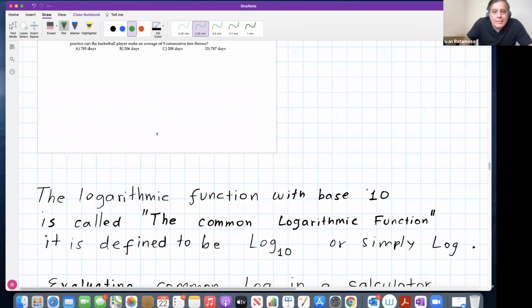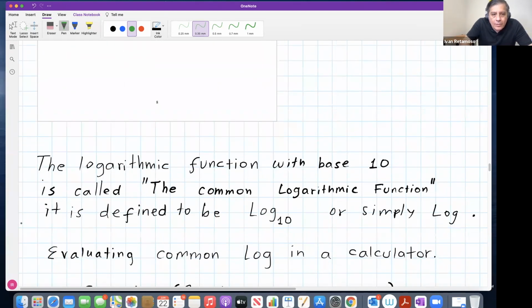The base is 10. This is defined to be log base 10, or simply log. Mathematicians have this agreement: if the base is 10, they don't write it. They will just write log. It will be understood that the base is 10.